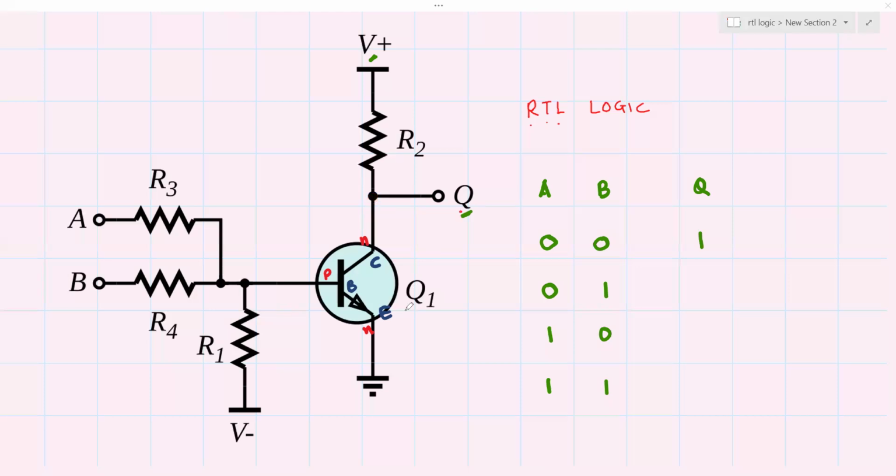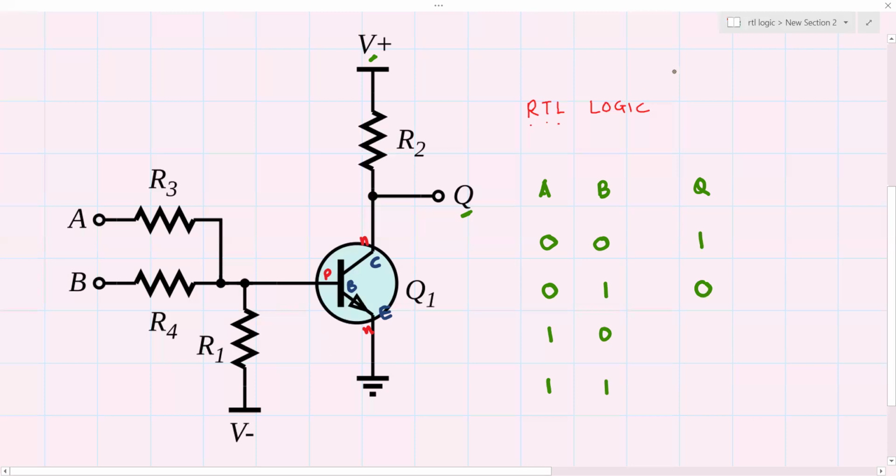Q is pulled down to 0 volt, that is the ground, because there is a large voltage drop across this resistor. Therefore, you can say that the transistor is saturated. When the transistor is saturated, it is fully turned on, and we would say the logic level Q is 0.